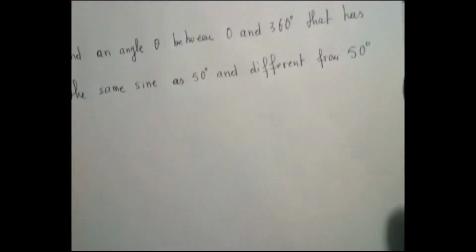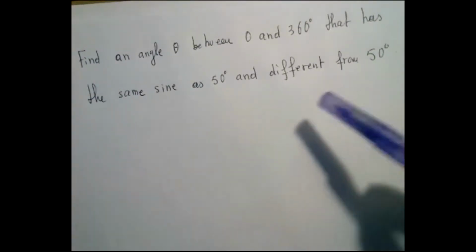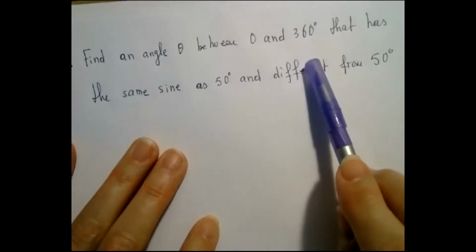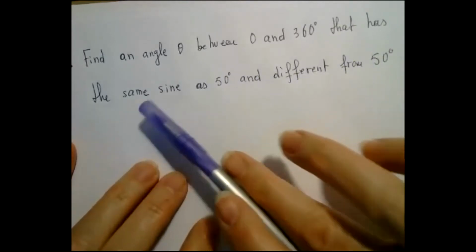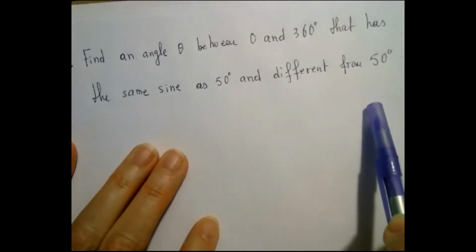All right, now what we're going to do is start working with a problem like number 23 that I've assigned. I will assign it again. I will do the first two and then I will let you practice. Find an angle theta between 0 and 360 that has the same sine as 50, but different from 50.